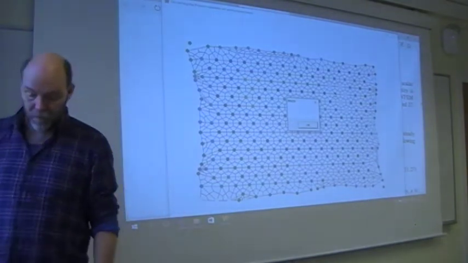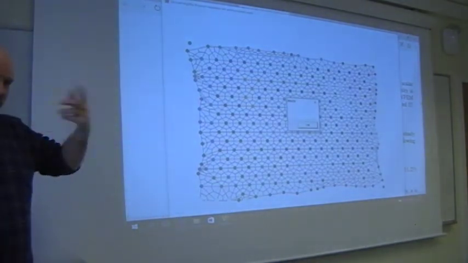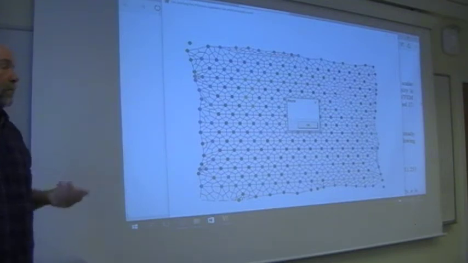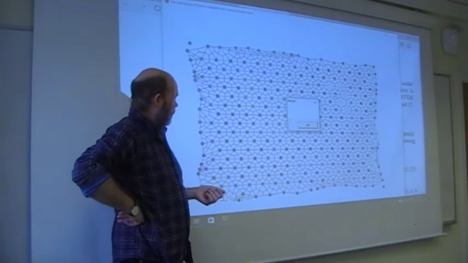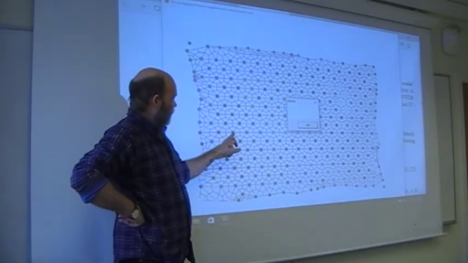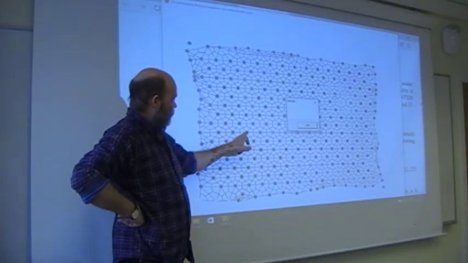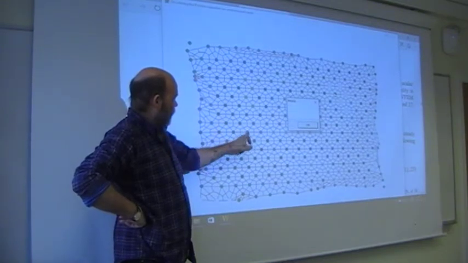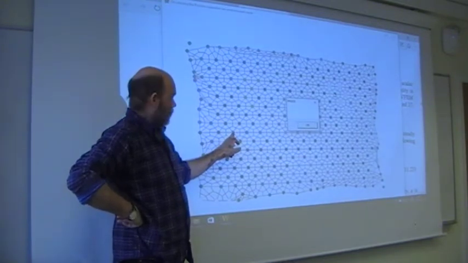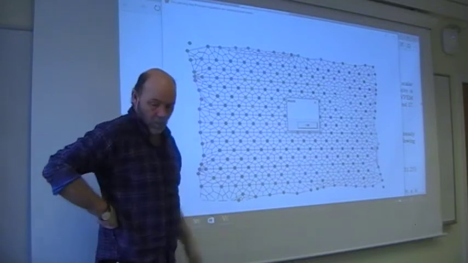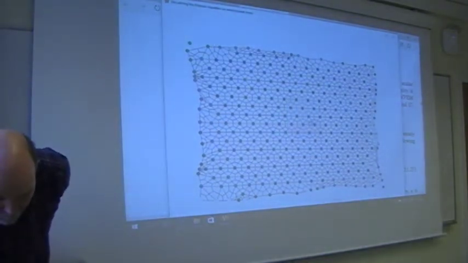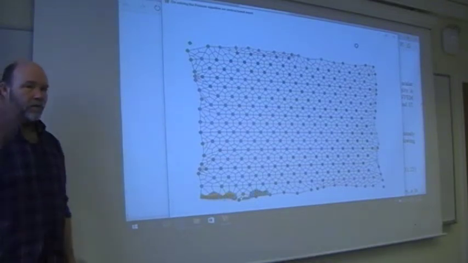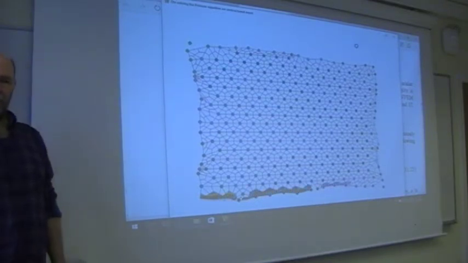And now solving the equation system by a very simple, primitive, iterative technique. When you solve for one, you will then have contributions from all these neighbors around. You just treat them as known. So it's just one update directly. But as you see, it finds the solution very easily, very fast.